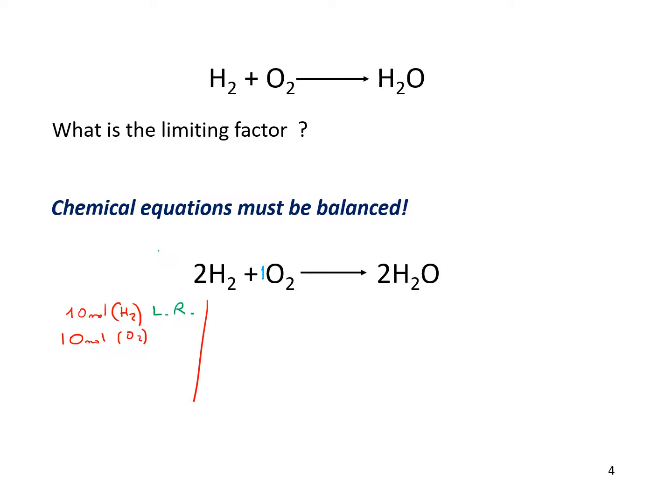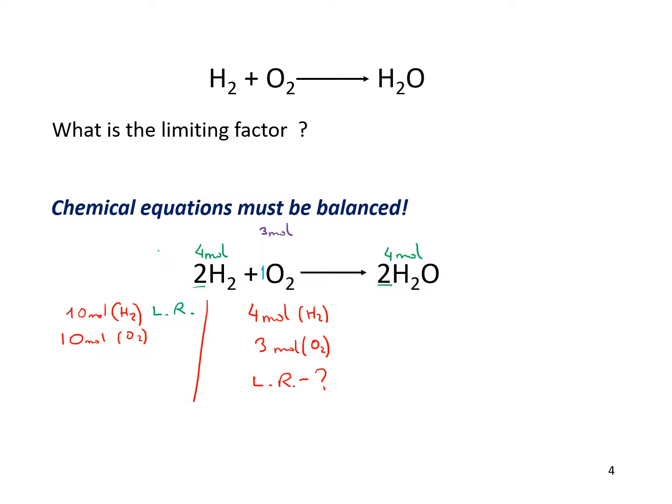Okay, now let's change the numbers a little bit. Now let's say we have a different example. So let's say we have 4 moles of H2 and we have 3 moles of O2, and we need to find the limiting reactant.